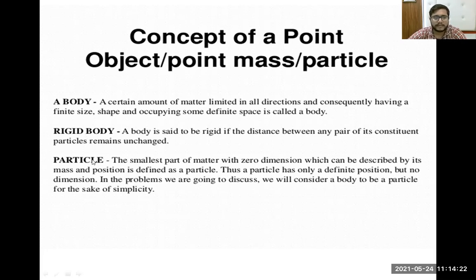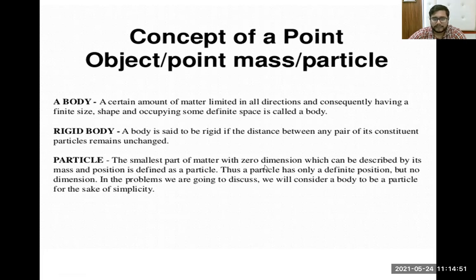What is a particle now? A particle is a small part of matter with zero dimension, which can be described by its mass and position. So you can say a particle is a very small point-object type of system, and we will discuss its mass only, and position parallelly, for this particle.